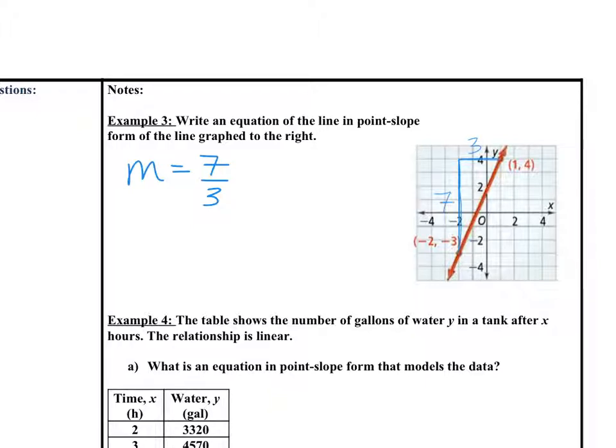You need to choose a point on the line to plug in. Let's use the positive one. So we're going to use (1, 4). And a reminder for you that this is your x1, y1. Same equation from the front. I would write it down before you plug in some stuff. So y minus y1 equals m times (x minus x1).